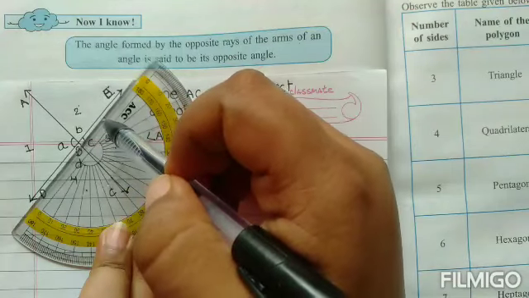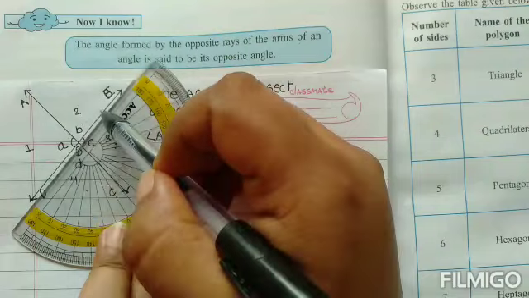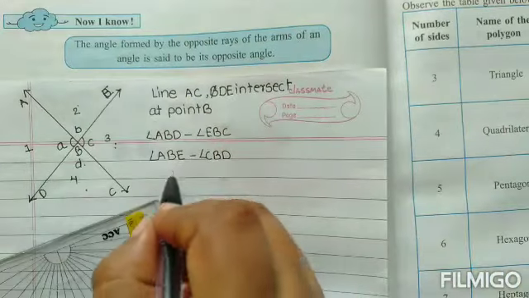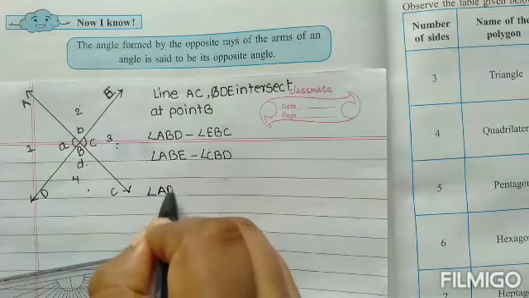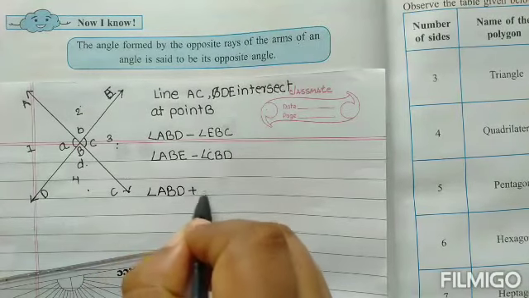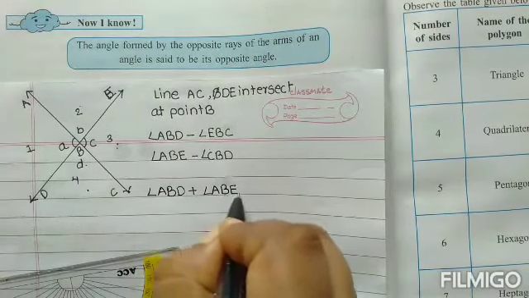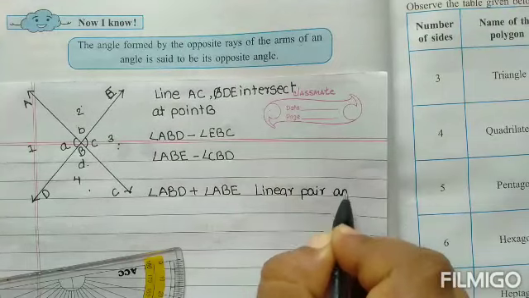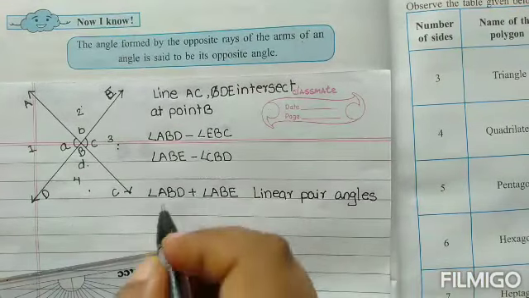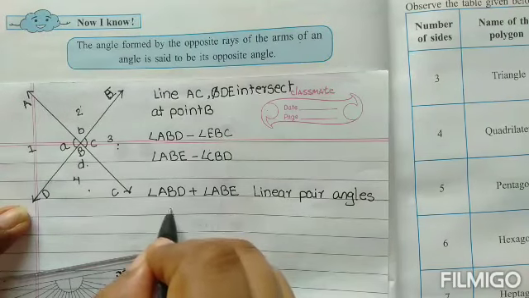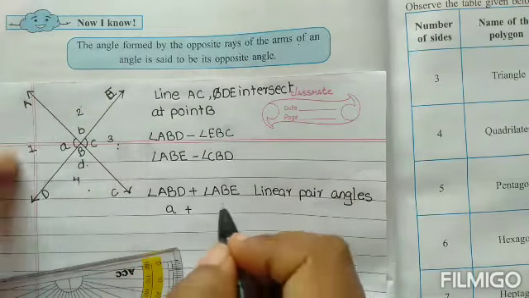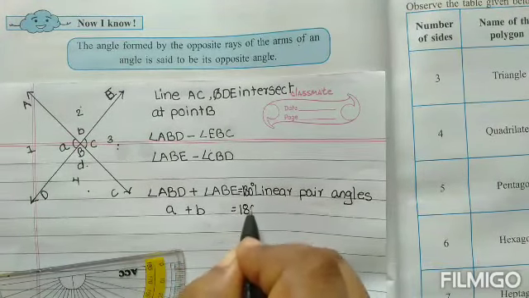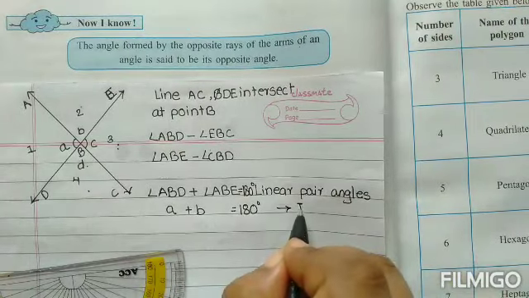So it is a pair of linear pair angles and they are supplementary. So A plus B is how much? 180 degrees. Note it down. Angle ABD plus angle ABE, linear pair angles. The measurement of ABD is A, the measurement of ABE is B. A plus B is 180 degrees. That's the first.